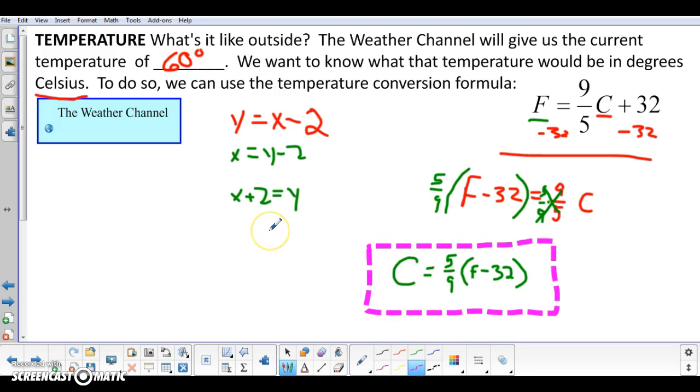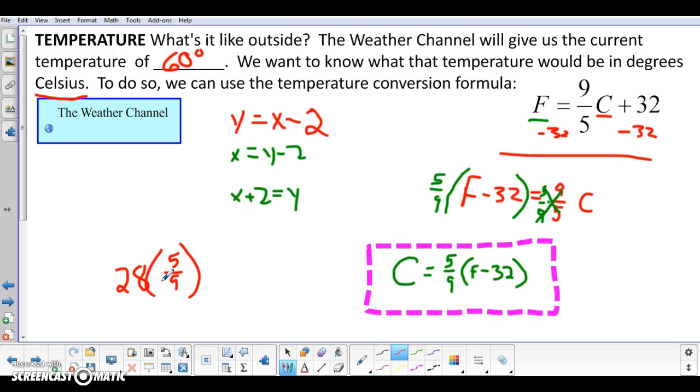To use it, let's see, if 60 degrees is what I've got for the temperature outside in Fahrenheit, I take 60 minus 32, and that would be 28. And then we're going to take 28 times 5/9. Nothing to reduce here, so in this case we're going to just have to take the top times the top.